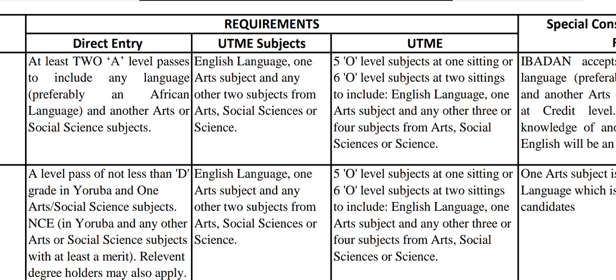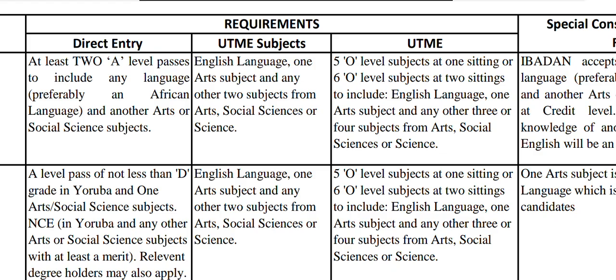Now UI will tell you that art subjects are literature, a language subject apart from English language, which might be Yoruba, Igbo or any other language, and CRS, history. Those are art subjects. Government and economics, they are social science subjects.